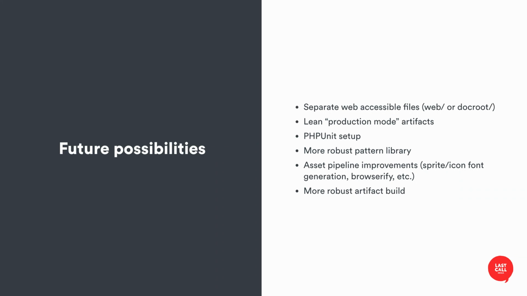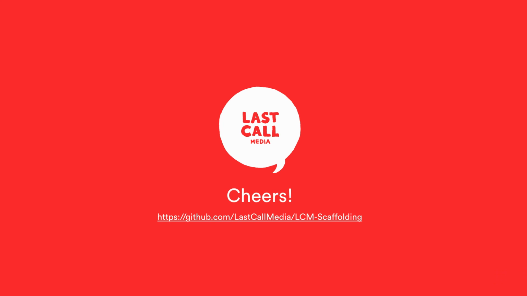And then things like sprite generation and stuff like that. And then finally, I think there's just a lot of work to be done in the community around figuring out what to do with these artifact builds, whether they're a good idea at all, whether they're going to be replaced on each hosting platform by a CI service or what. And that's about it.